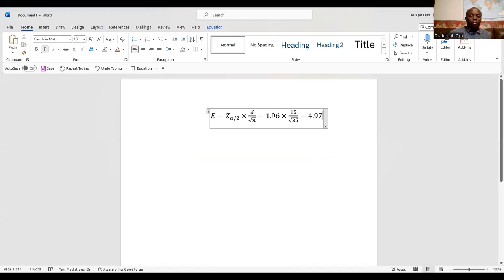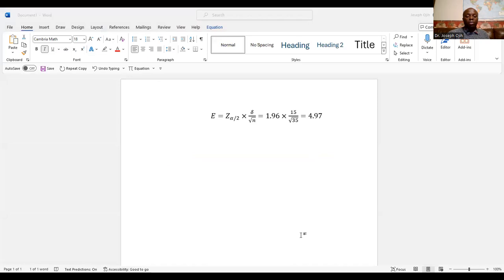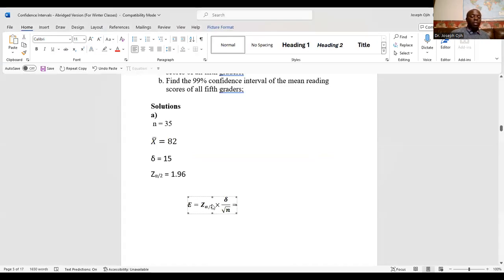Going to copy this. Got our error. We're almost done. Once you get the error, the problem is as good as solved. Take it to the memo book and paste it there. So we get our error as that.